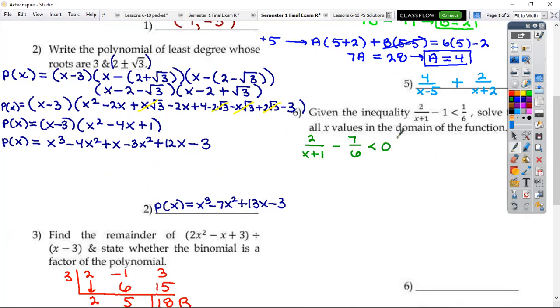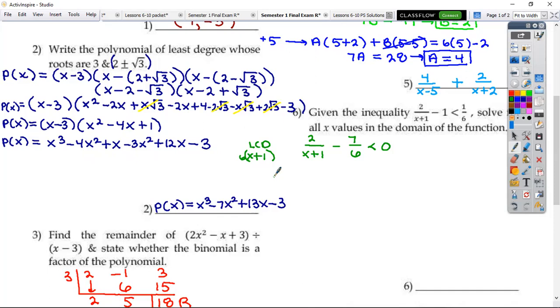You're going to find a least common denominator, which is going to be the 6 and the x plus 1. I'm going to try to do this using the least amount of writing as possible, just so it doesn't get all bogged down.